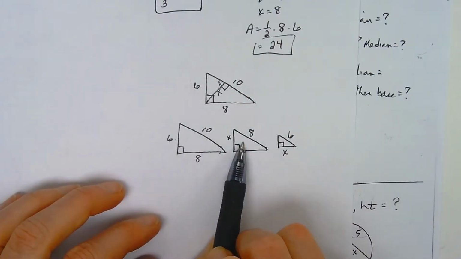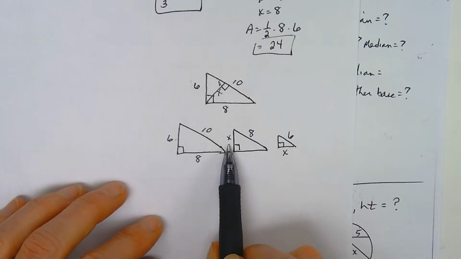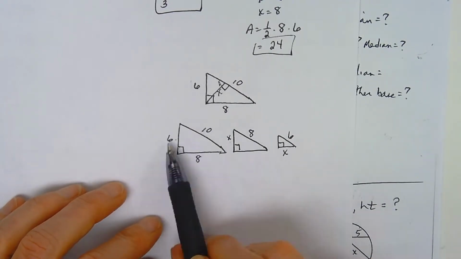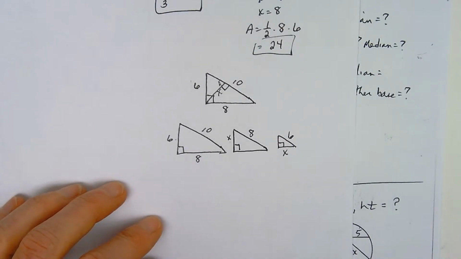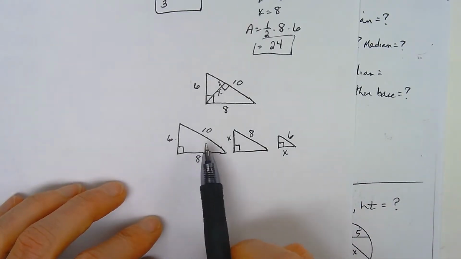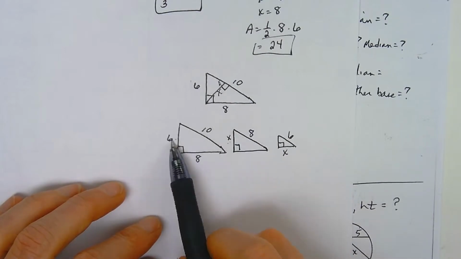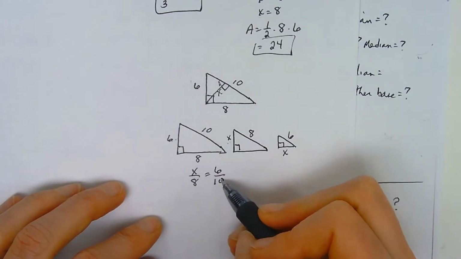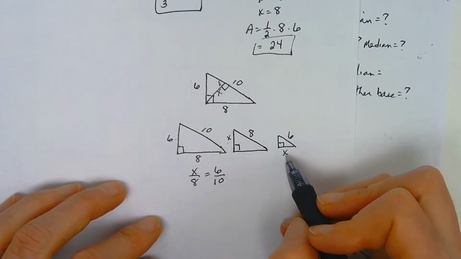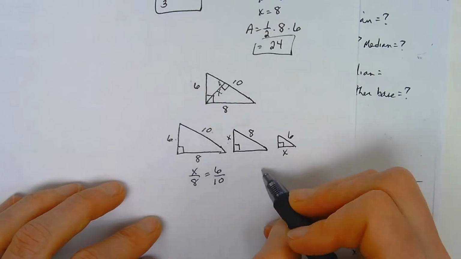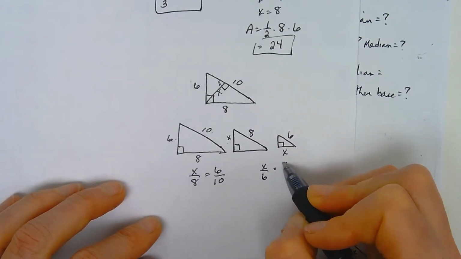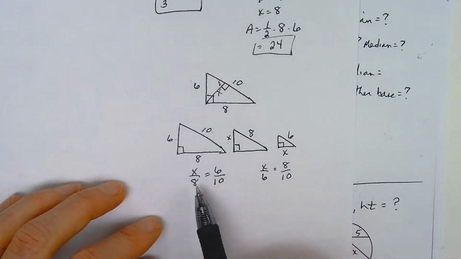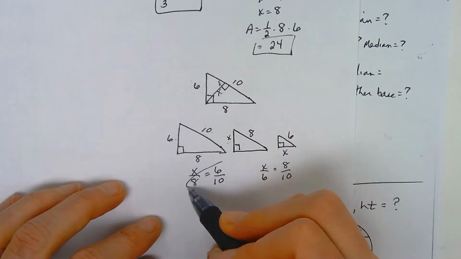Now we have the big triangle, the medium triangle, and the small triangle, and we're solving for x. Is there a proportion that we can use with these three similar triangles? Yes, there's a couple of triangles that we could use and use proportions for. I could say that x is to 8 as 6 is to 10. There's more than 2, there's several. Or I could say x is to 6 as 8 is to 10. You'll notice that the proportions will end up cross multiplying the same numbers here.